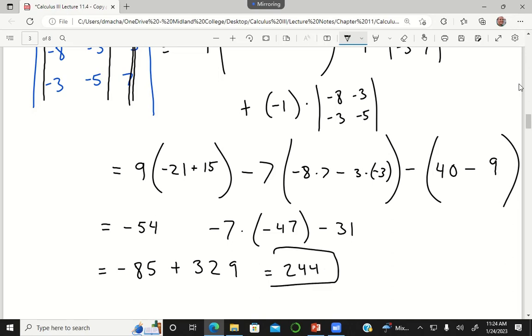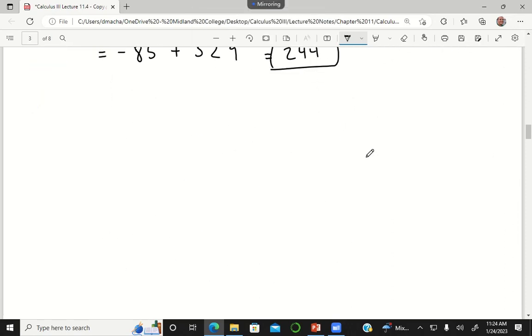Okay. So like I said, finding the determinant of a 3 by 3 matrix is a huge pain in the butt. If you just want a glimpse of an even more massive pain in the butt, here's a 4 by 4 matrix. What if you wanted to take the determinant of this thing, right?